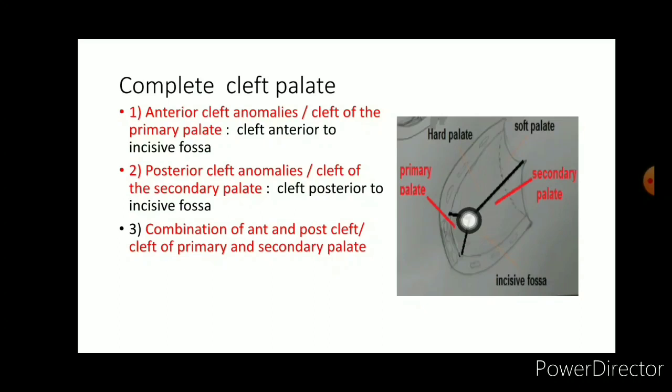Cleft anterior to the incisive fossa is known as the anterior cleft palate or cleft of the primary palate. Cleft posterior to the incisive fossa is known as posterior cleft anomalies or cleft of the secondary palate. It is due to non-fusion of the lateral palatine processes with each other.